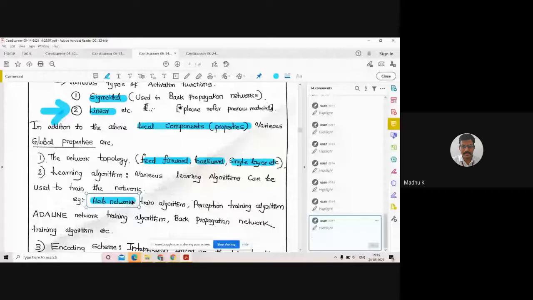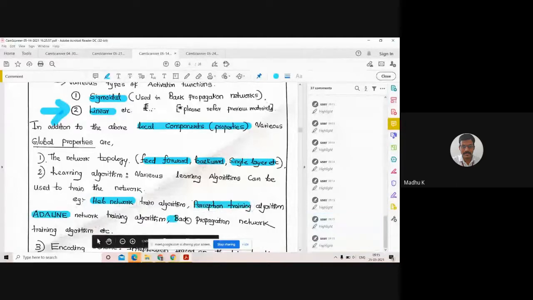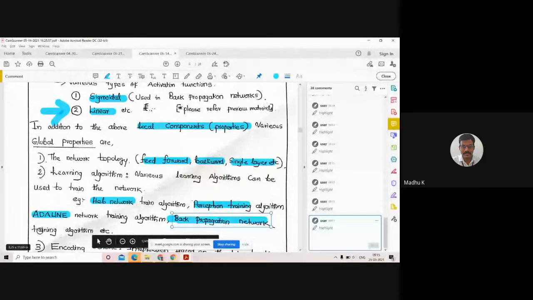Various algorithms can be used to train the network: Hebb network, perceptron training algorithm, Adaline training algorithm, backpropagation training algorithm. These are different learning algorithms used in a neural network. This is also a global property.